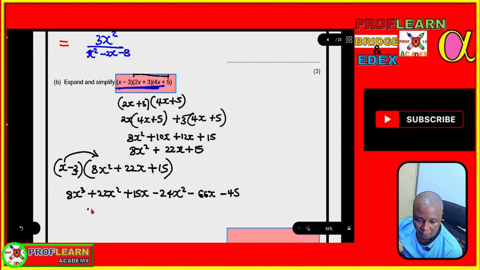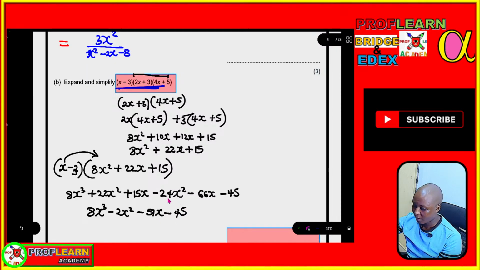So we shall have 8x cubed. This and this will combine. We shall have minus 2x squared, 15x minus 66. This is going to translate to minus 51x minus 45 as our final answer in that case.